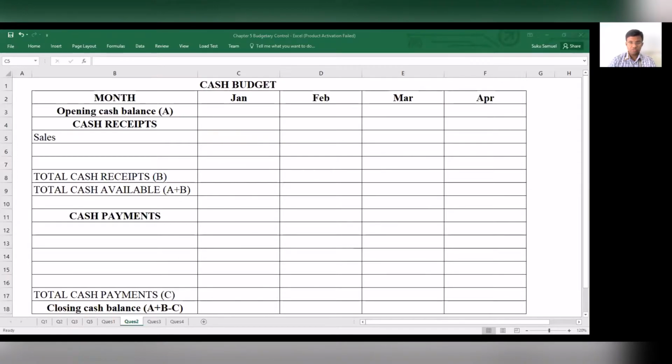There is a condition with respect to sales: we have a credit of 2 months. Which means if a customer purchases something from us in Jan, we are expecting the customer to make the payment only after 2 months. The time frame we have been asked to prepare is effective from Jan.